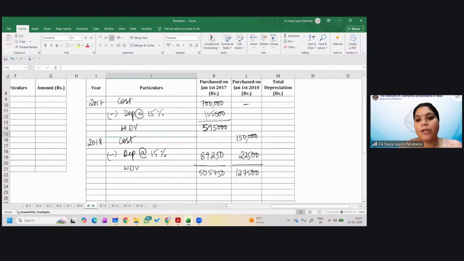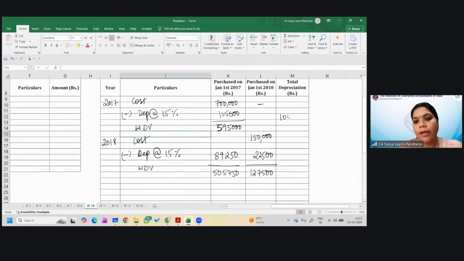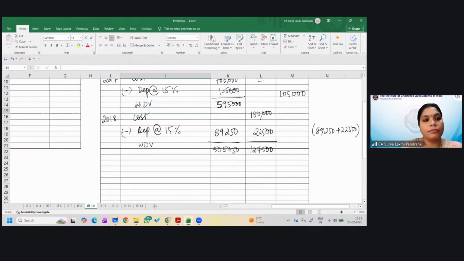So here the depreciation in 2017 was only 1,05,000, but in 2018 the depreciation was 89,250 plus 22,500. What is the total depreciation? 1,11,750. Now 2019.